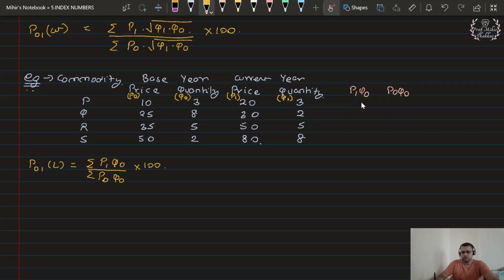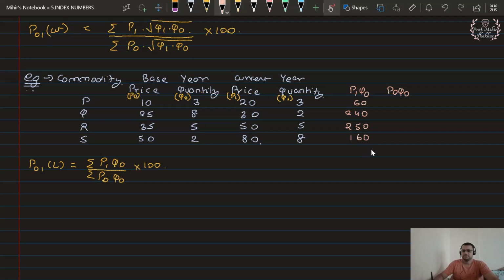When I multiply P1 Q0, P1 is this, Q0 is this, so the product is 20 into 3, 60; 30 into 8, 240; next 50 into 5, 250; and 80 into 2, that is 160.